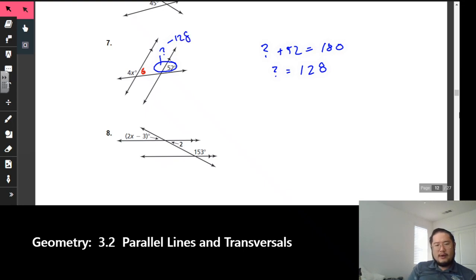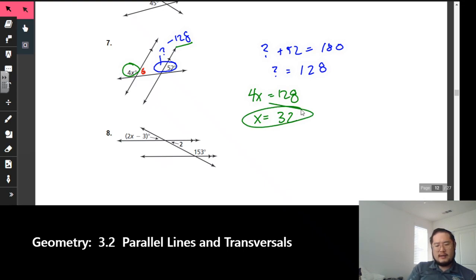Now I take a look at the mystery angle and 4x and realize those two angles are corresponding, and corresponding angles are congruent. So 4x is equal to 128. Then I divide both sides by 4, and x ends up equaling 32.